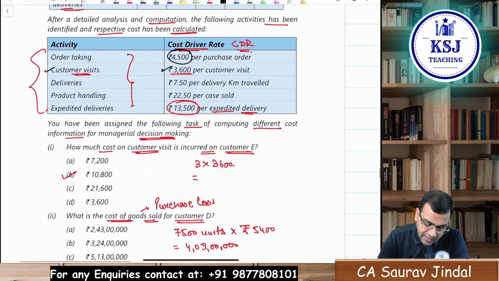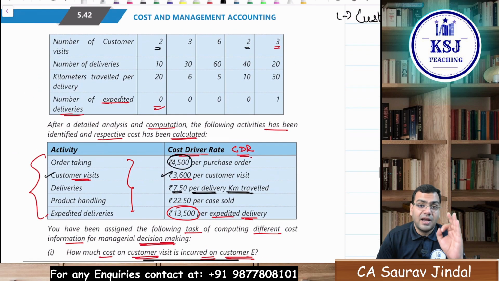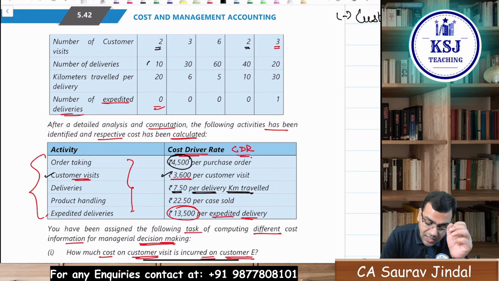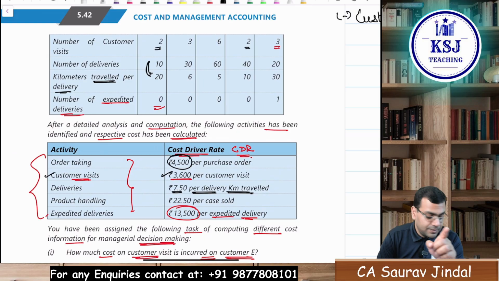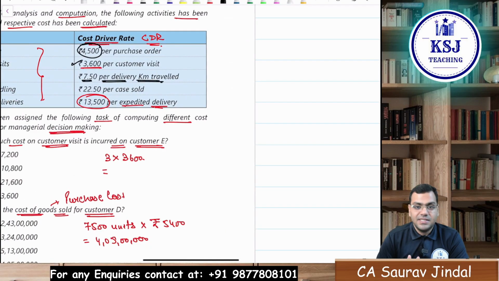Next we have the deliveries cost, that is 7.5 per delivery kilometer traveled. How will you calculate now? Per delivery kilometer traveled. For this, what you have to take is number of deliveries multiplied by the kilometers traveled per delivery, multiplied by 7.5, because 7.5 is not per delivery, it is per delivery kilometer.